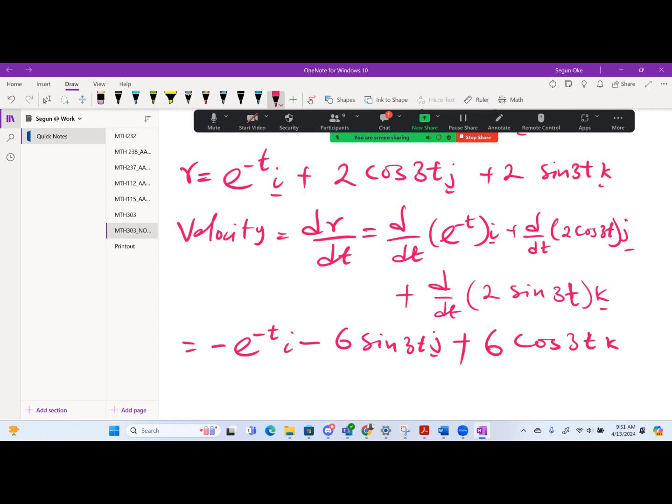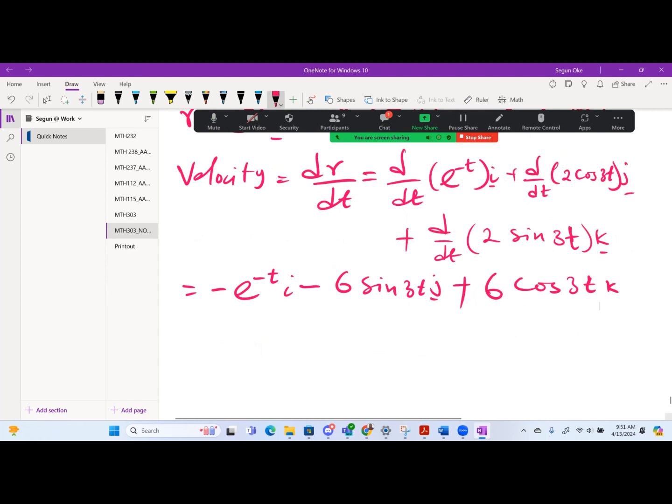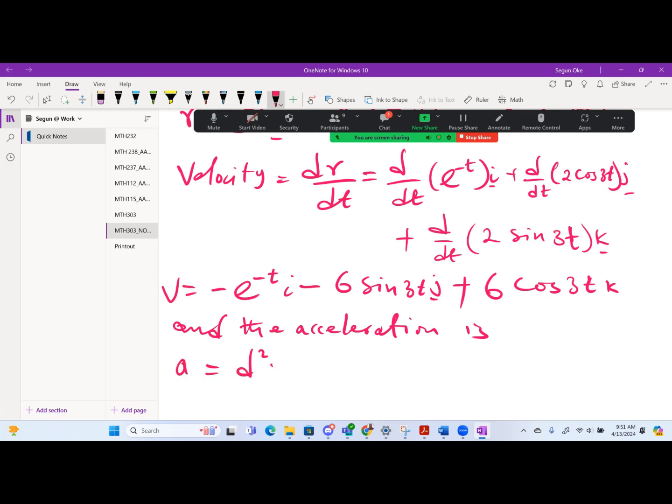Any question? Don't forget the question says velocity and acceleration. So for acceleration, we have the velocity to be this, but the acceleration is a, which is d squared r over dt squared, meaning differentiate your velocity a second time.